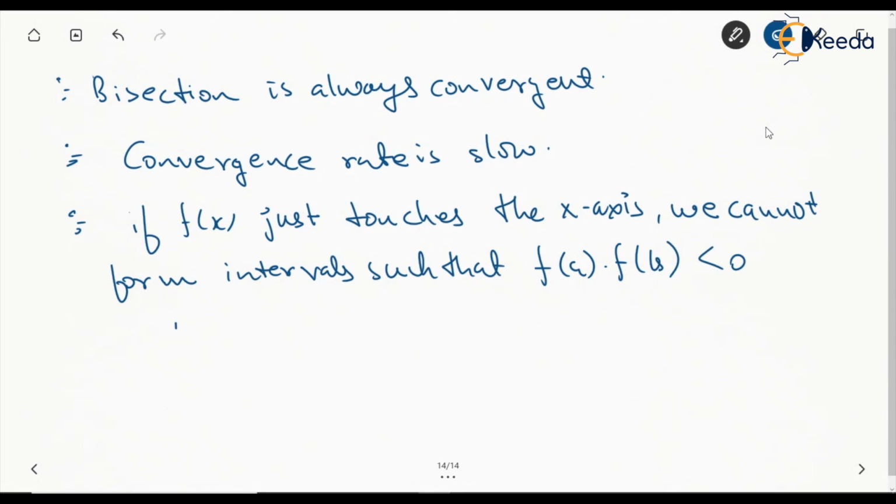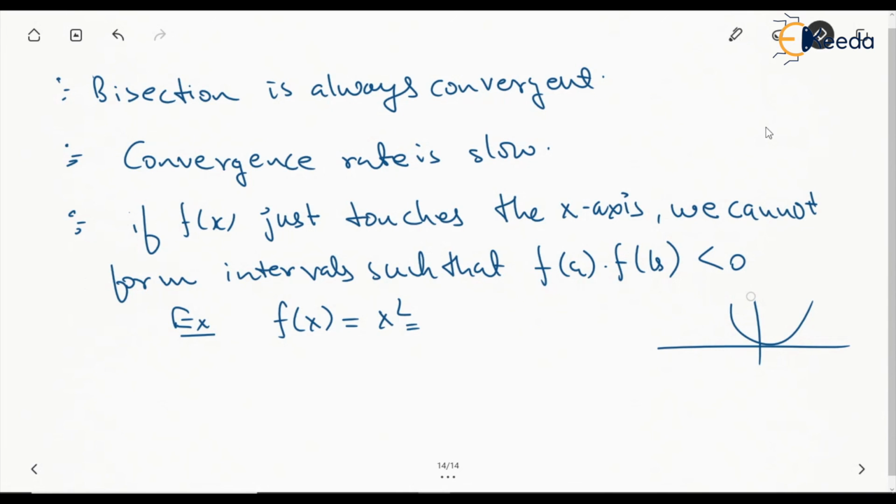The example is, let's say, f of x is equal to x square. In such a case, this function will touch the x-axis and it won't cross it. So we cannot locate a point for which the function is negative, like if this is the positive half, we have to find some value for which the function is negative, so that we can make a bracket of positive and negative values.